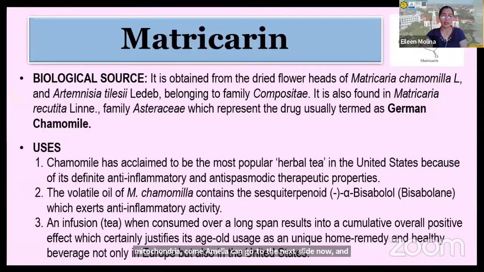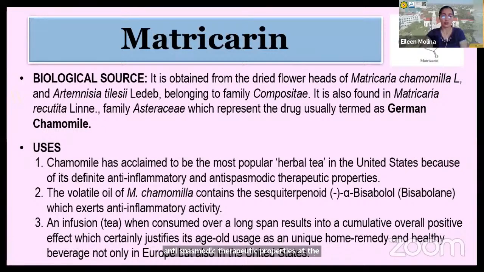Since it is usually taken from the family Asteraceae, it represents a drug that is termed German chamomile, and we know that chamomile has a claim to be one of the most popular herbal teas in the United States because of its definite anti-inflammatory and antispasmodic therapeutic properties.